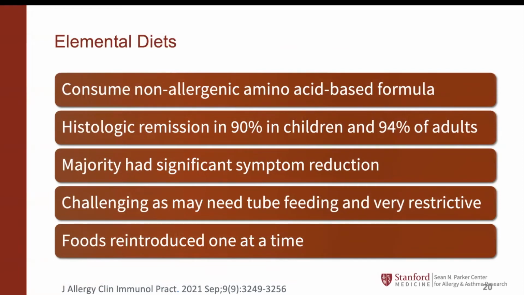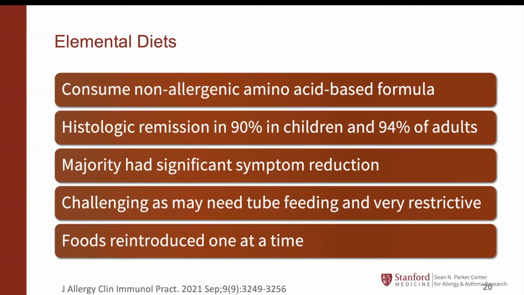So, briefly, elemental diets have also been used and have been successful in inducing histologic remission. And this is where you would consume non allergic amino acid based formula only and avoid all solid foods. This can also be modified, and some solid foods, maybe one or two, may be allowed. But again, this helps to significantly reduce symptoms.